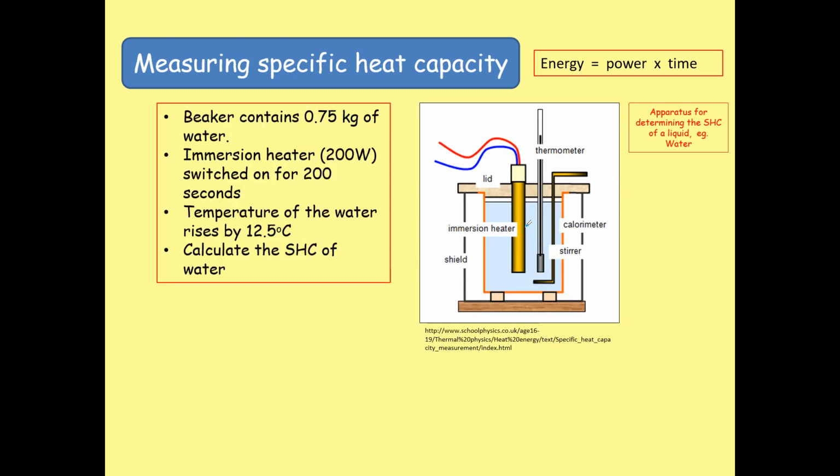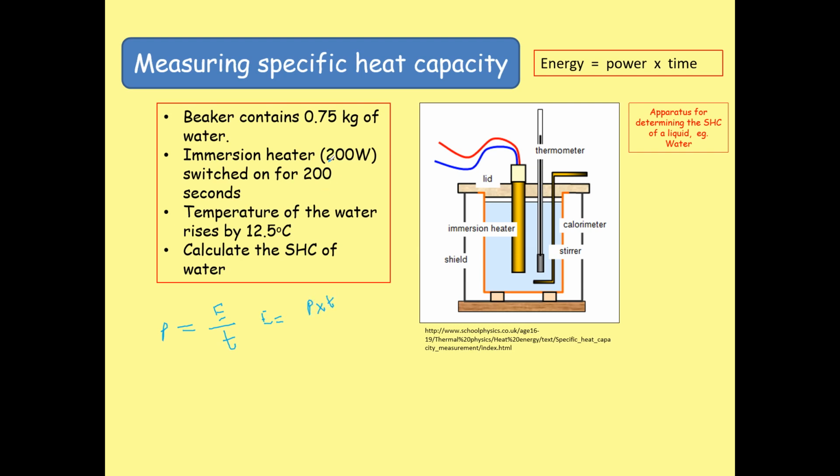So the beaker contains 0.7 kilograms of water. It's an immersion heater of 200 watts, switched on for 200 seconds, right? We do know power is actually energy over time, right? How much energy is given for a specific time. So we can calculate energy from this, which is equal to power times time, right?